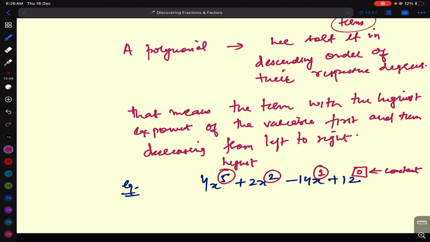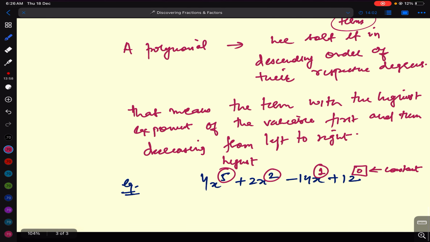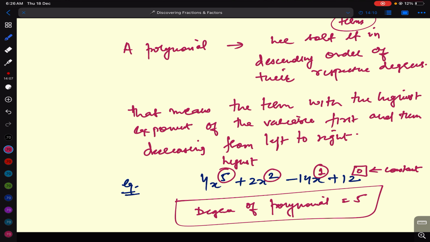So that's how we represent a polynomial wherein the terms are arranged in descending order of the respective degrees. Now if I have to write the degree of this polynomial, what is the highest degree of all the terms? That is 5. So the degree here will be 5. Clear?